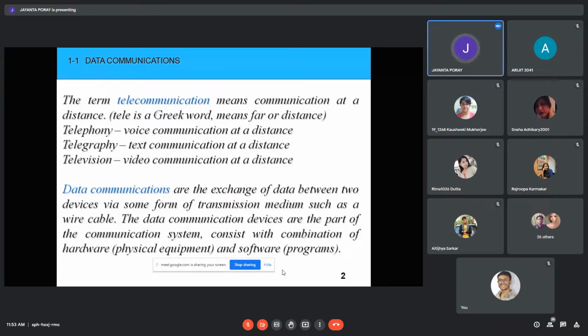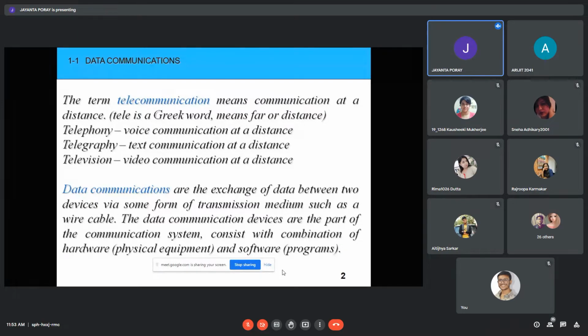So as Orijit said, it is signal transmission, and the signals can be different types of data: voice, text, or video. The technology allows us to facilitate signal transmission at a distance.